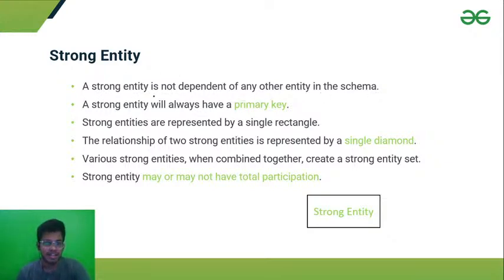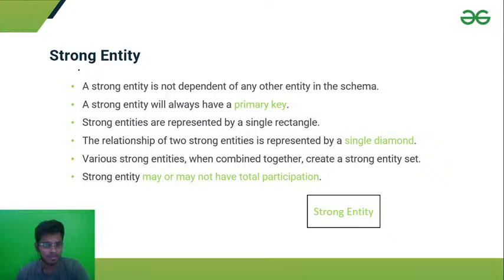It's an independent entity. It does not depend upon any other entity. If you don't understand it, it will become clear as we move on to the weak entity, then we'll differentiate between both of them. Then you will get a better idea about what a strong entity and a weak entity are.